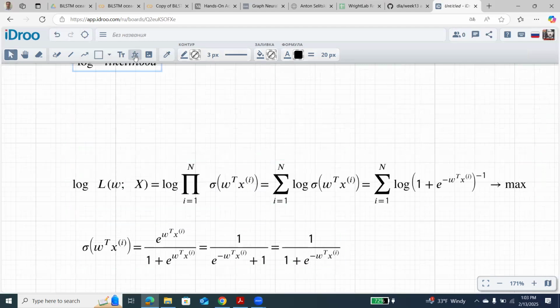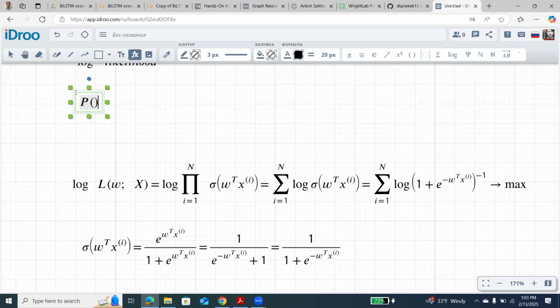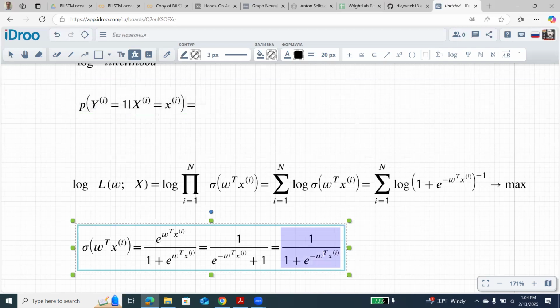So the first problem says, okay, the probability that your target is positive, given the features, we define as sigmoid function. So we define as this expression.